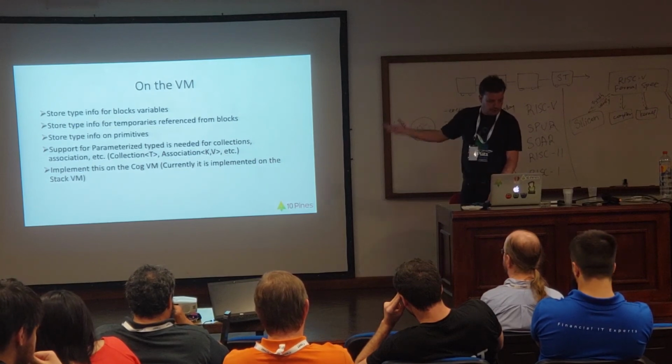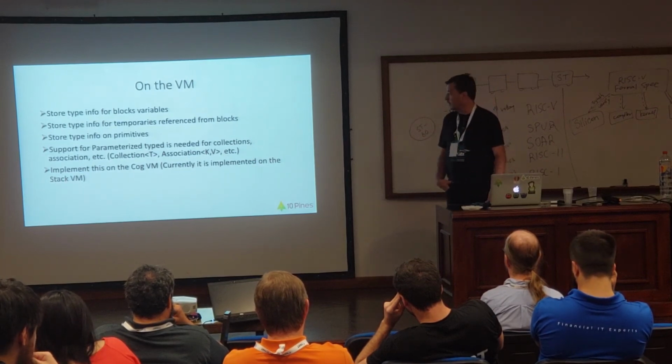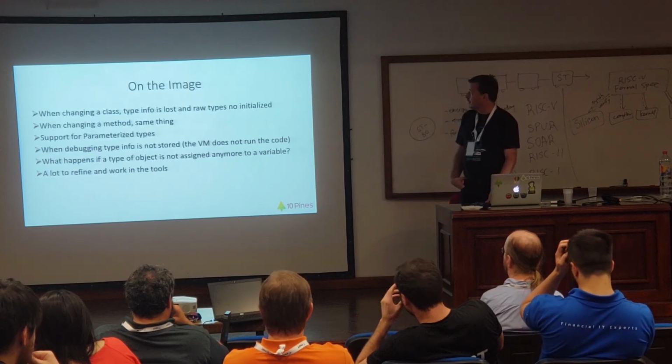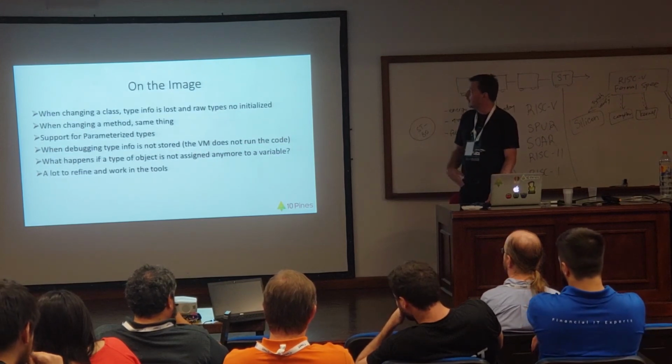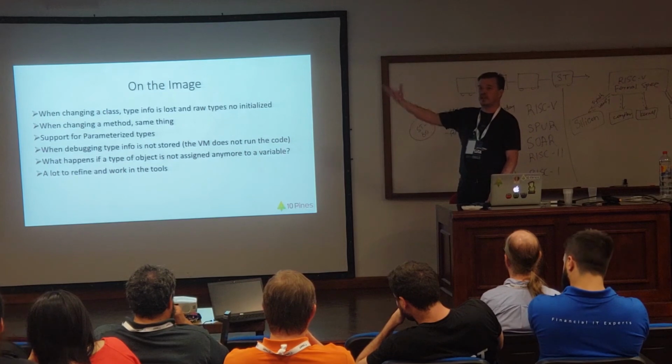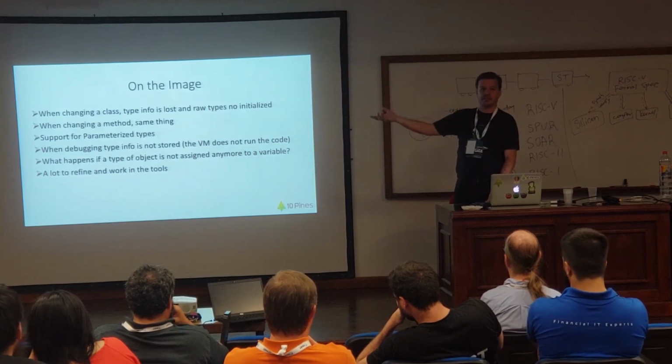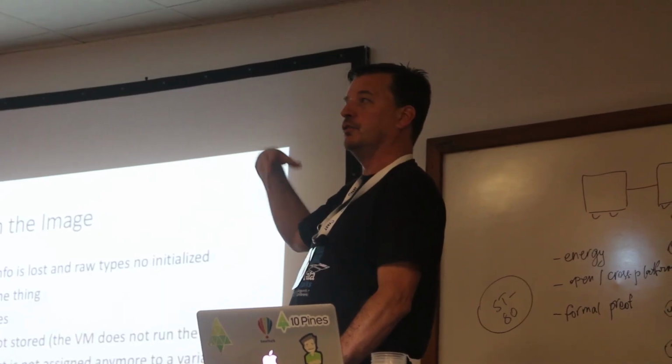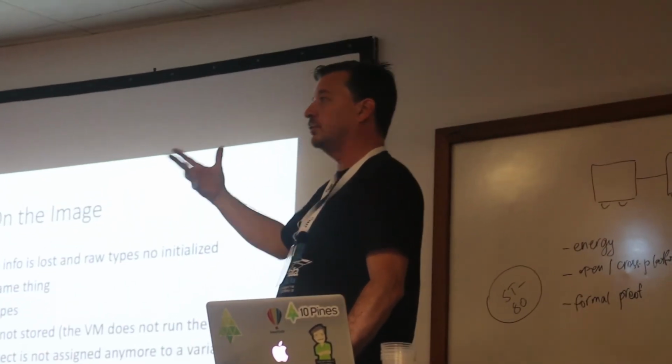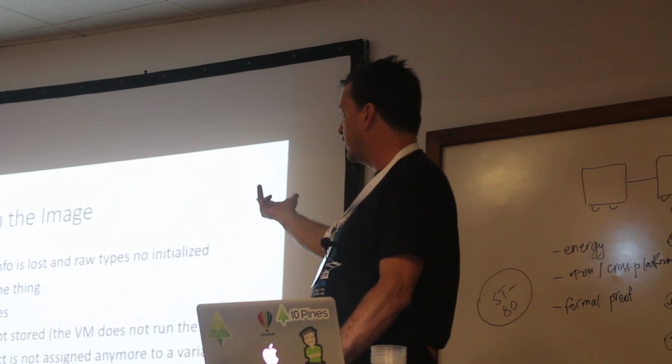And of course it should be implemented in the compiler and not only in the stack. From the image point of view, if you change a class, if you rename an instance variable, what do we do with the type information we already have? If we add an instance variable, or those kinds of things, we have to think about it, the same for methods.